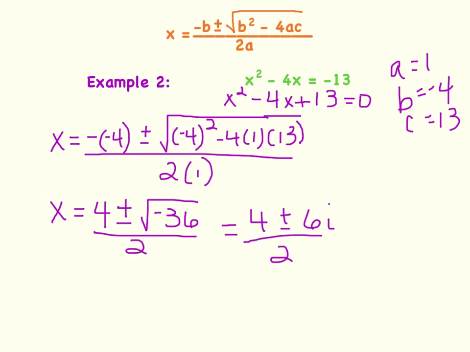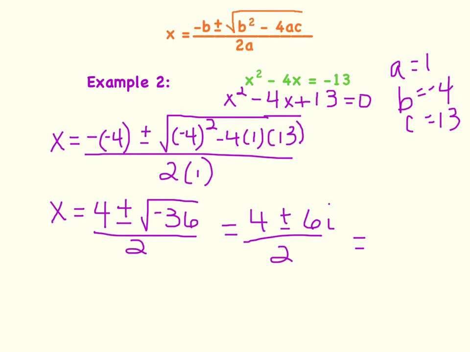We are getting close to the end now. We just have a little more simplifying to do. I have 4 as a numerator and the denominator is 2. So 4 divided by 2 is 2. So I can simplify that. Also, I have 6 in my numerator. 6 divided by 2 is 3.